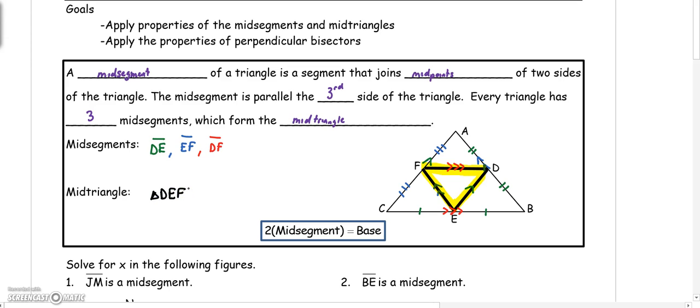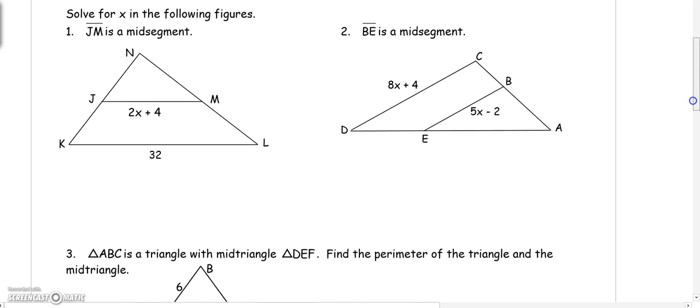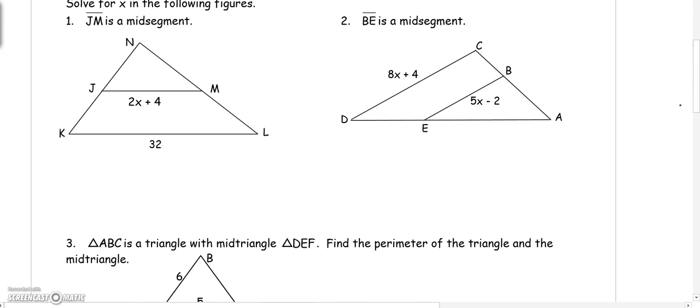It's also important to remember that two of those midsegments is equal to the length of its base. So we're going to use that idea to solve for a variable. In number one, JM is a midsegment. So we need two lengths of JM to equal the length of KL.